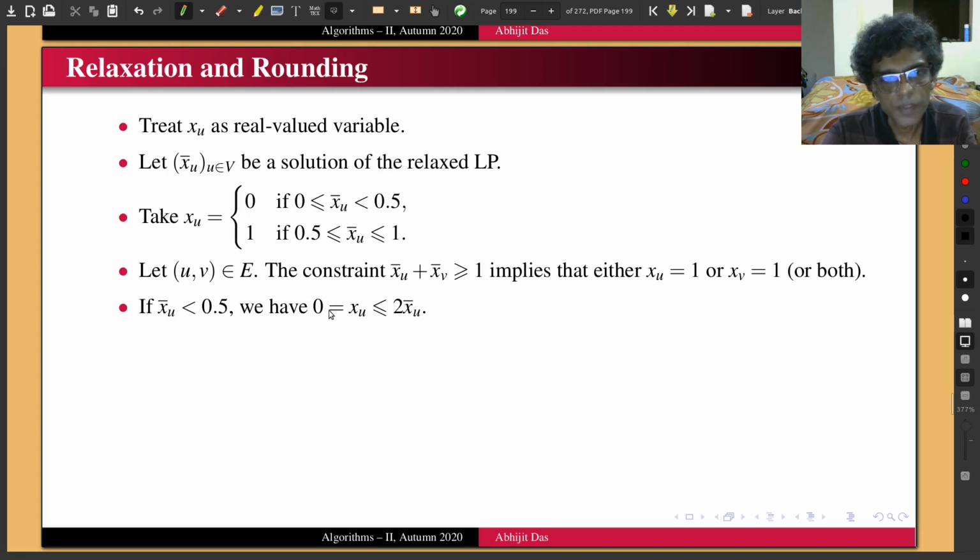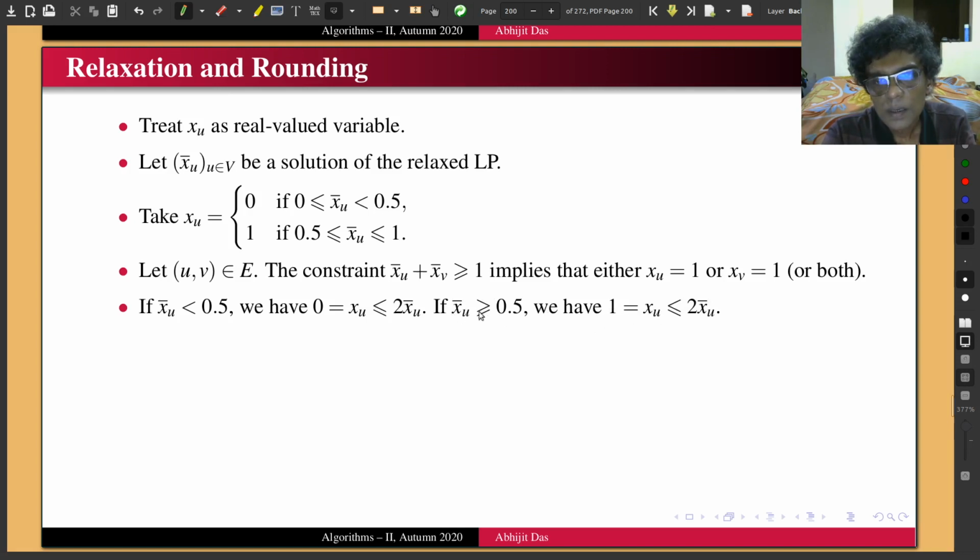On the other hand, if this is greater than or equal to 0.5, then I am taking XU equal to 1.